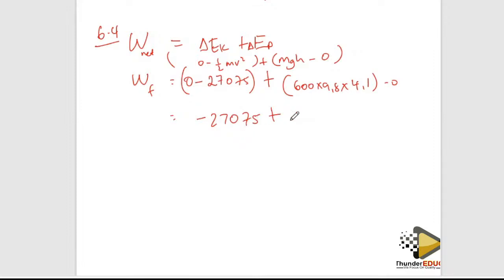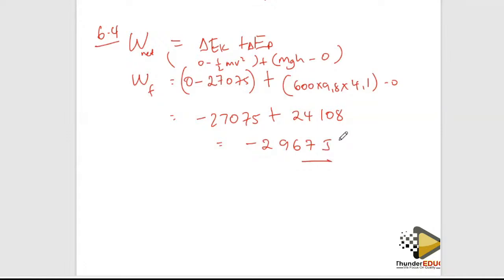That's giving me 24,108 joules. When I combine it with 27075, I'm getting a negative answer, which is fine. That's negative 2,967 joules. So that is the net work done.